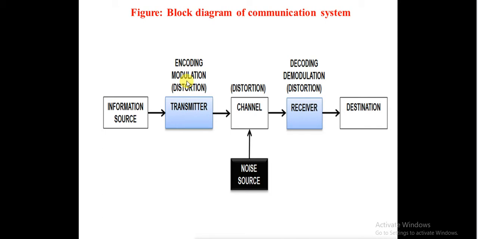Now, what is modulation? Modulation means, in very simple terms, converting a low frequency or information signal to a higher frequency signal. This can be achieved by the process of multiplication. So in the modulation process, we superimpose a low frequency information signal over a high frequency carrier signal.